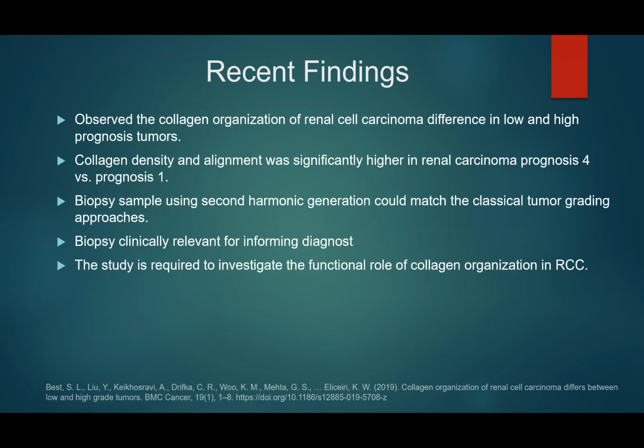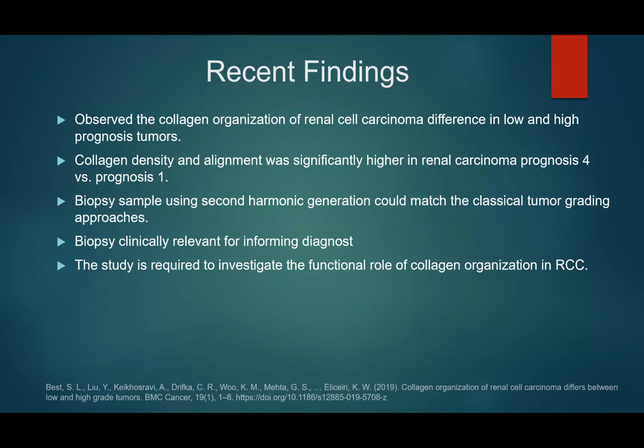Basically, they wanted to observe the collagen organization in renal cell carcinoma and see the difference in high and low prognosis tumors. What this pathological grading is, it's a precise clinical need that's needed to identify prognostic and predictive factors for patients with breast cancer or different types of tumors.